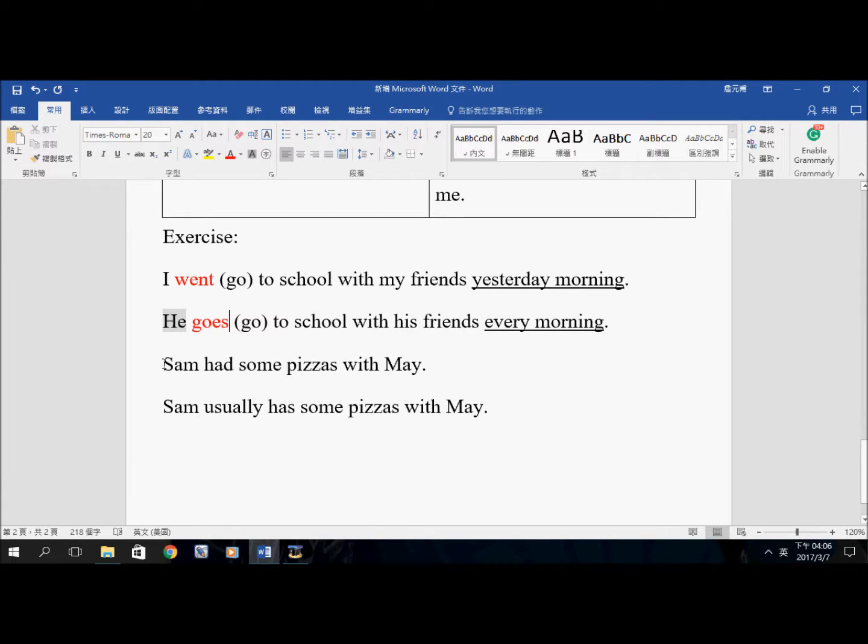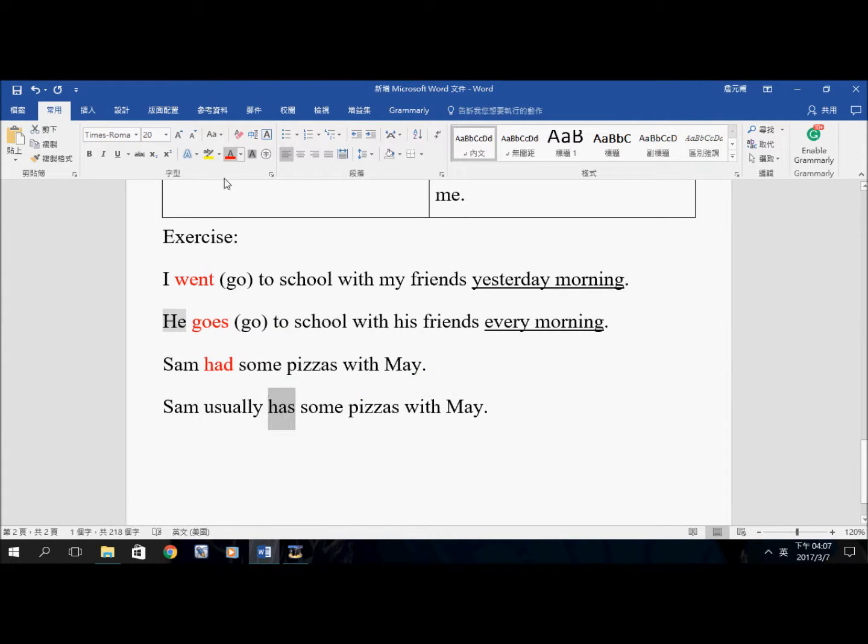And as for these two, there are no time markers at the end of each sentence. So we look for verbs. Had is a past tense verb, which means this is a past tense sentence. If I must write a time marker at the end, it has to be a past tense time marker, like yesterday afternoon or something like that. The other sentence, has some pizza with May.